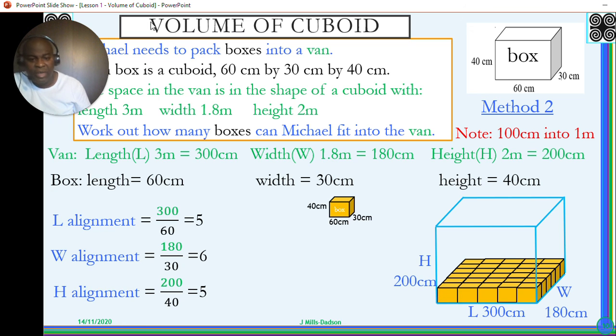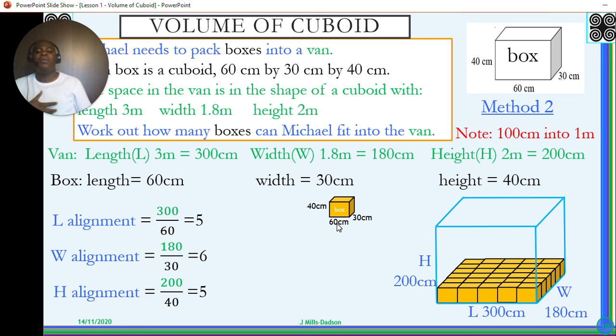Now you realize that 5 of the boxes align with the edge of the length. And it's true, because 60 times 5 is 300. That is where the alignment on the length is 5. The same applies with the width. We have 6 of them. That's why the alignment is 6.